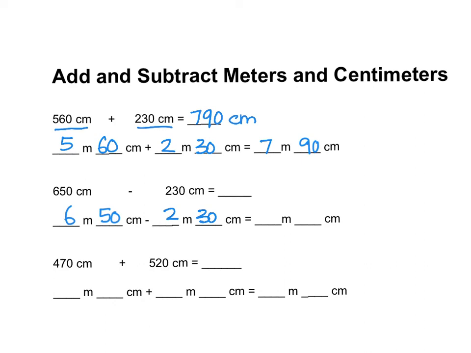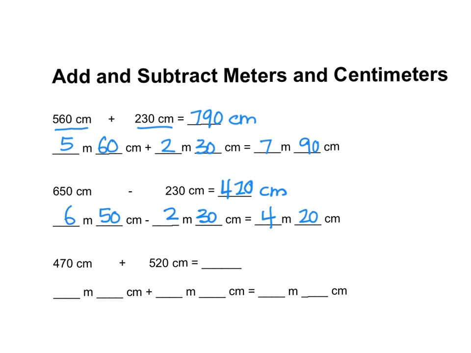Well, we can see that 50 centimeters minus 30 centimeters is 20 centimeters, and 6 minus 2 on our meters gives us 4 meters. If we go up above, 650 centimeters minus 230 centimeters also gives us 420 centimeters. And 420 centimeters is the same thing as 4 meters, 20 centimeters.